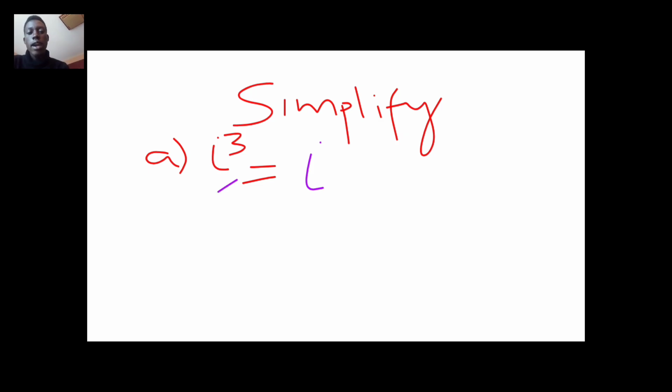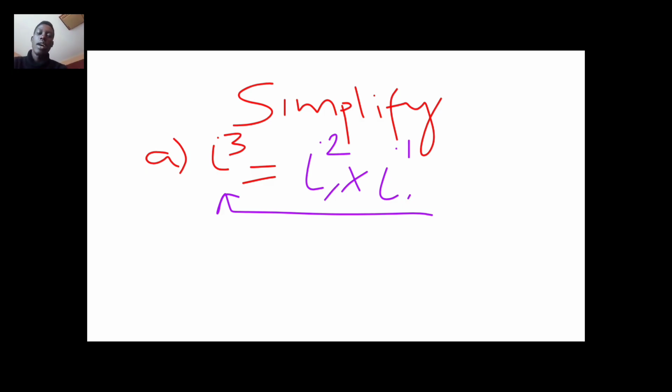For i raised power 3, it is equal to i raised power 2 times i alone. If you decide to take it back here, you can add the powers, and then you take only one base. You will have i raised power 3.